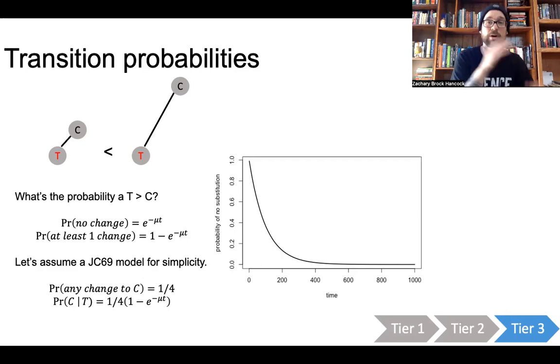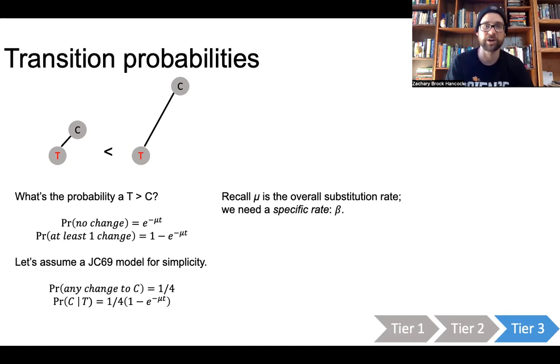That's 1 out of 4 multiplied by 1 minus e raised to the negative mu T. Now recall that mu is the overall substitution rate, but what we want is the specific rate, and we're going to call this beta. What we mean by the specific rate is the rate that a T changed to a C, not that just any change happened at all, which is what we first derived, but that specifically it was a T that changed to a C.